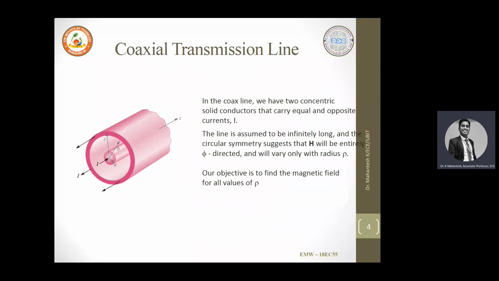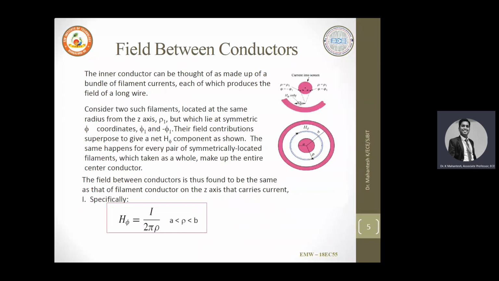So there will be three different cases considering the Amperian loop. Between the conductors, we obtain the relationship between the magnetic field intensity and current as H is equal to I by 2 pi rho when a is less than rho less than b.